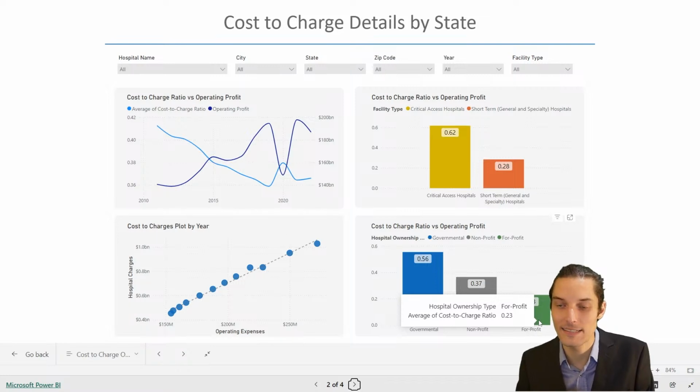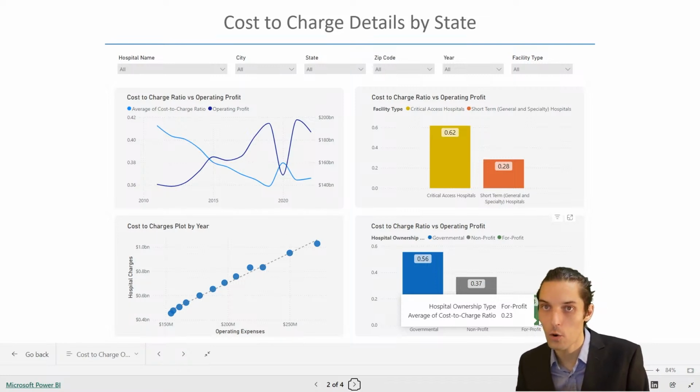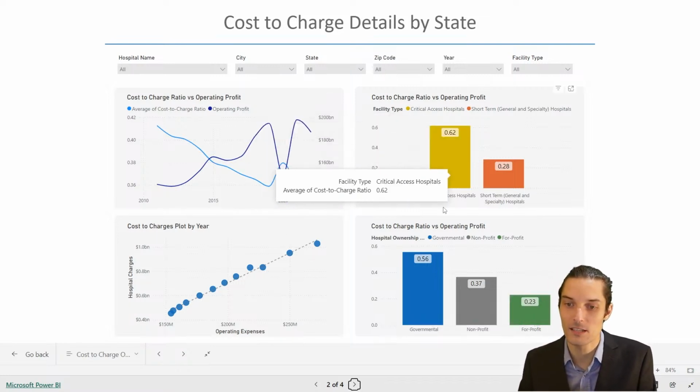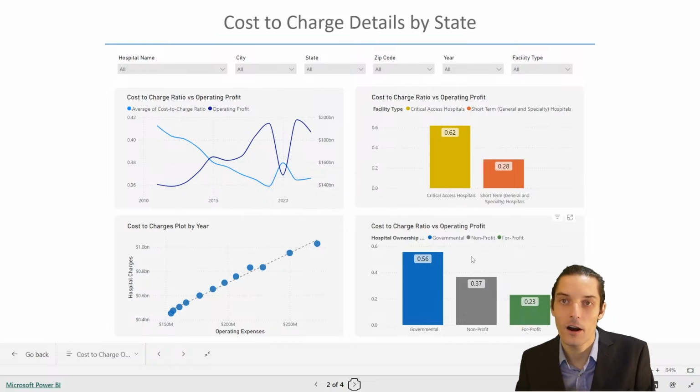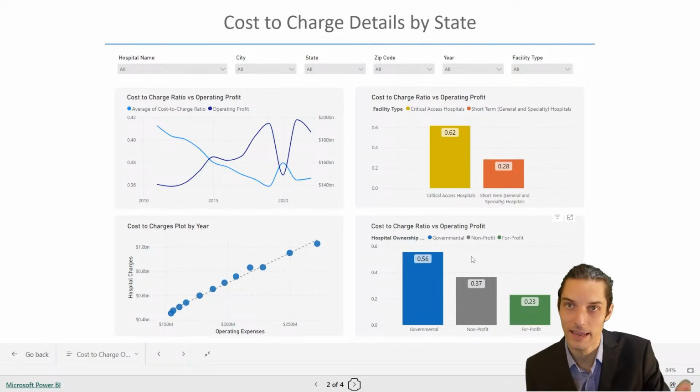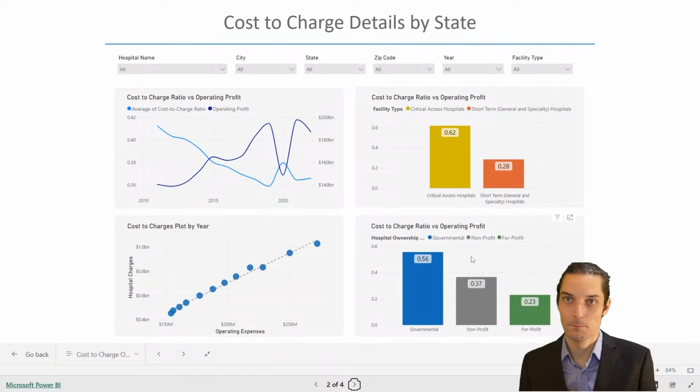Now, for-profit entities have an even lower cost to charge ratio than governments and not-for-profits, and there are various reasons for it, but usually for-profits, because they are smaller, try to charge the most they can absolutely charge, and then negotiate downward as much as they can.